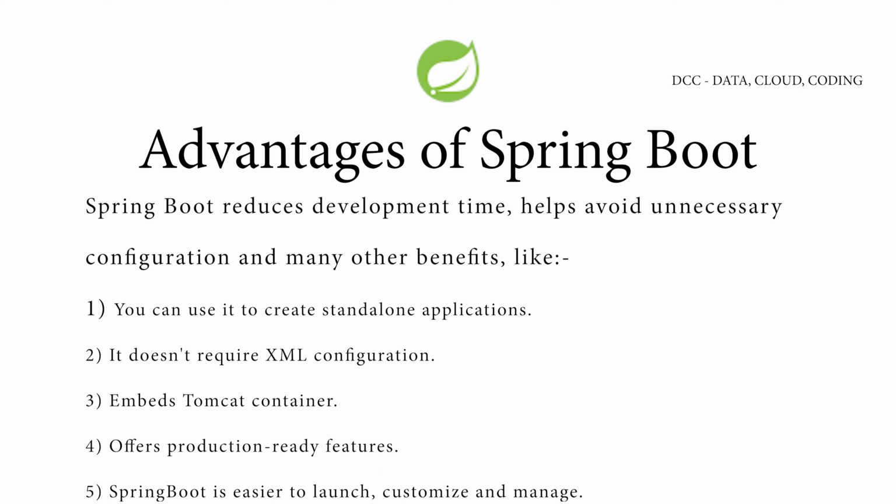We can customize Spring Boot applications using dependencies, and we can manage our Spring Boot applications in a not so tedious manner. So these were some of the advantages of Spring Boot, which help us to develop applications quickly and in an efficient manner. That's what basically Spring Boot is. It makes the life of a developer easier.